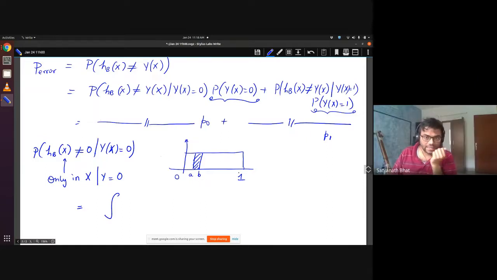You integrate the density between these limits. Exactly. So here, whatever this probability is, it is some integration where I'm going to integrate f0 of x, and I will integrate in the region where my classifier h_B of x is equal to 1. This will be small x. Does everybody understand this?